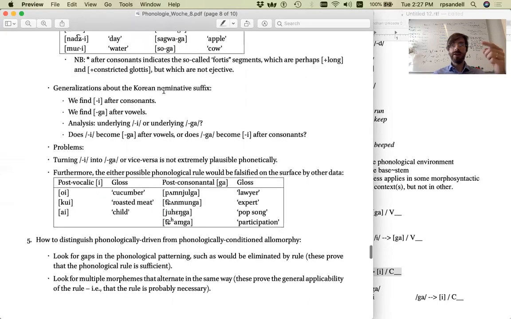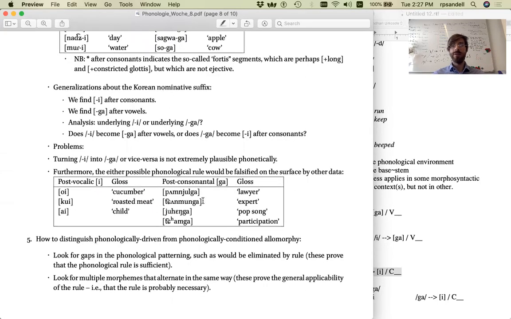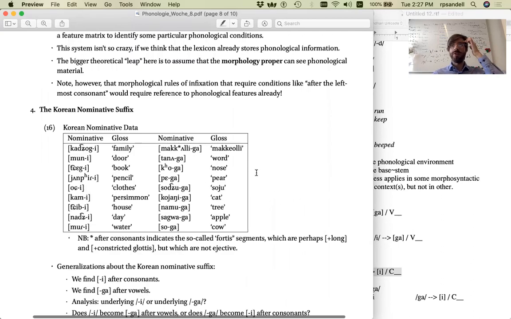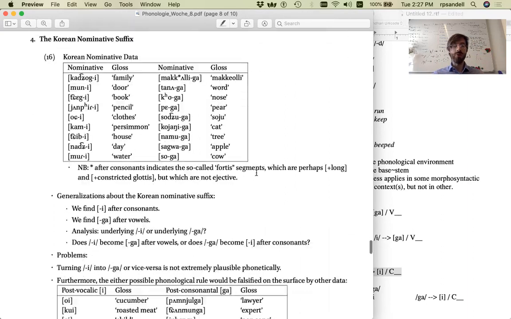In the Yidin and Korean cases that we've just seen, I would instead describe the allomorphy there as phonologically conditioned. That is, the morphology needs to look at some phonological information in order to know which different allomorph to apply.